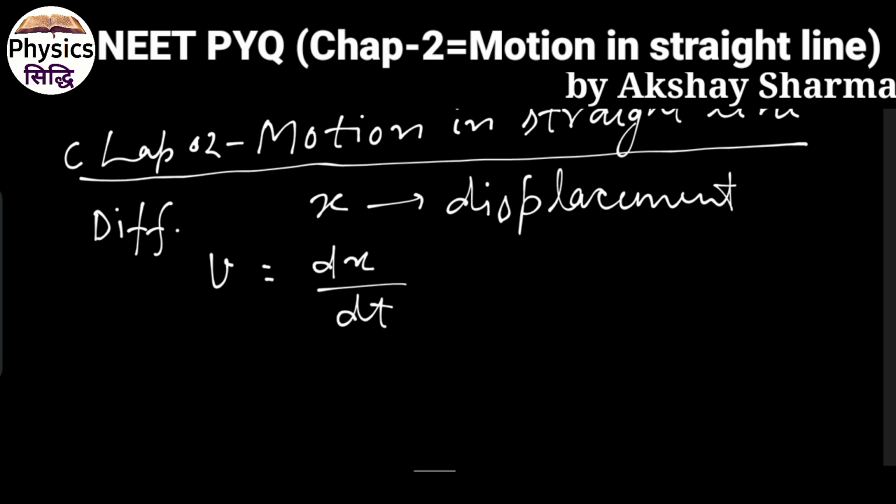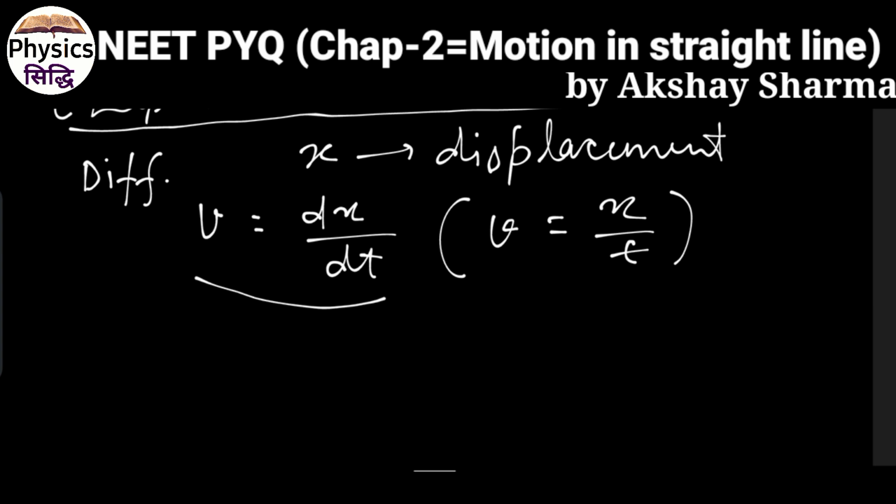It means that with respect to time, the differentiation of x is velocity. We all know that velocity is equal to distance upon time, or change in distance upon change in time. So you have to know this. And again, for acceleration, a becomes dv/dt. It means the derivative of velocity with respect to time is acceleration.